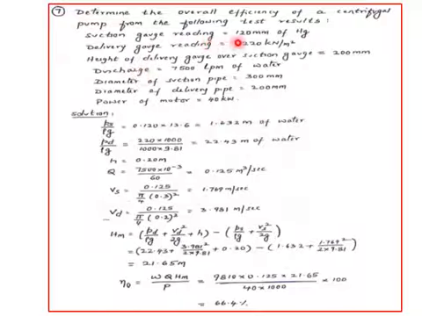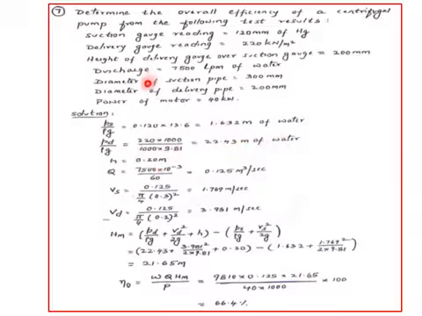Now the delivery gauge reading is given in terms of pressure units, so you know how to convert into head units. It is P by omega always, so Pd by rho g. Therefore 220 into 1000, where the density of water is 1000 kg per meter cube and g is 9.81 meter per second square, so you get 22.43 meters of water.